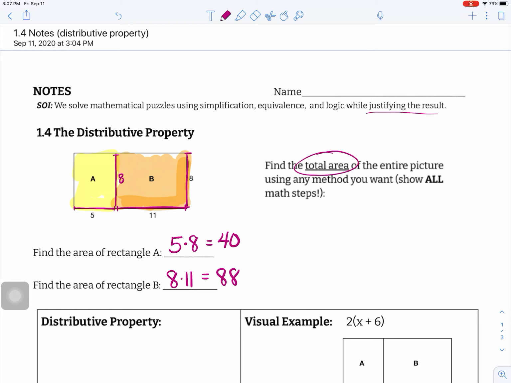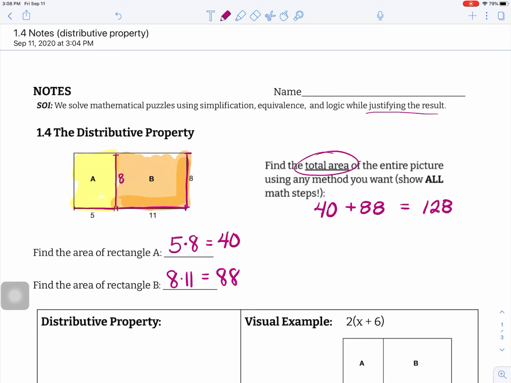Okay, so if I'm trying to find the total area, I see two individual rectangles, A and B. So I see the area of rectangle A is 40, we already found that, and I see the area of rectangle B is 88. So I can write it like that. And if I'm finding the total area, that would be combined. 40 plus 88 is 128.